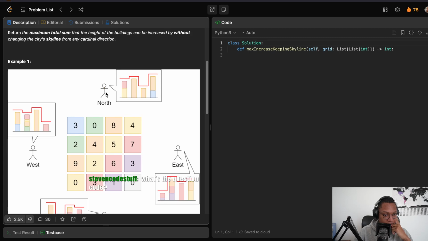You look north. There's buildings. You have a building of size 3, of size 0, of size 8, of size 4. You have a second layer of buildings. You have a third layer. You have a fourth layer. But you have 8, 7, but that's not 8, 7. There are these colors here. I don't even know what the colors mean.